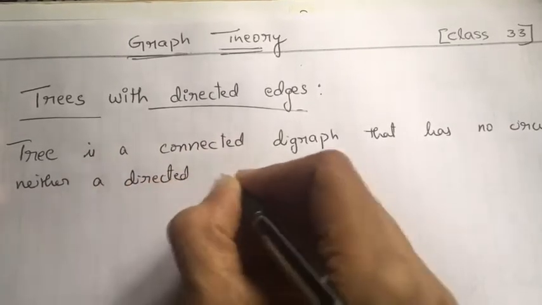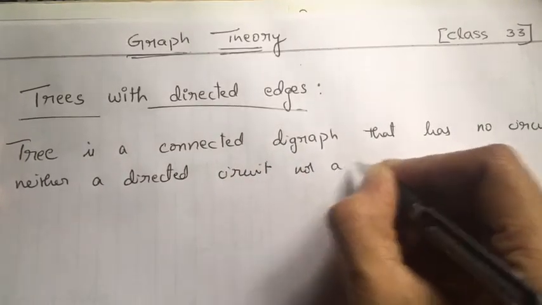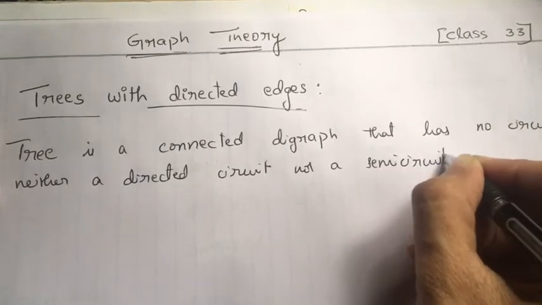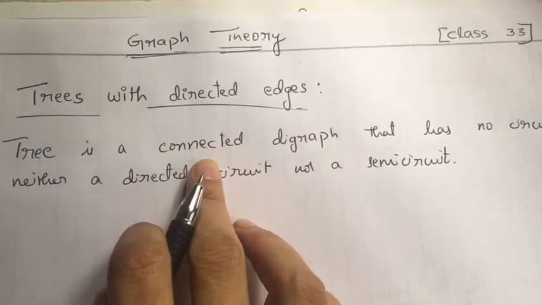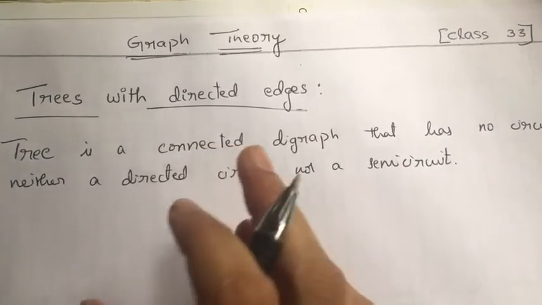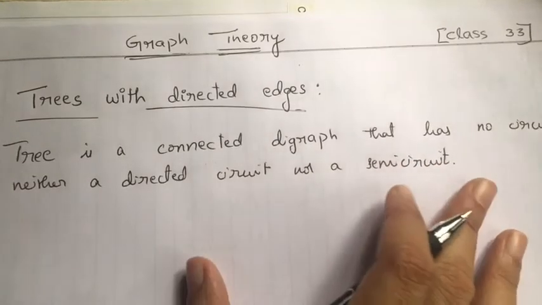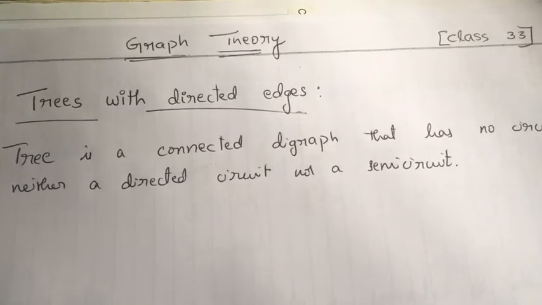Okay, this is how we define a tree in the case of a directed graph. And of course here also a tree of n vertices will contain n minus 1 directed edges.